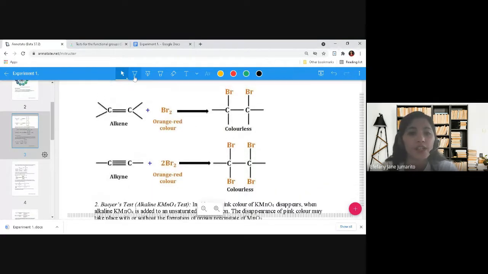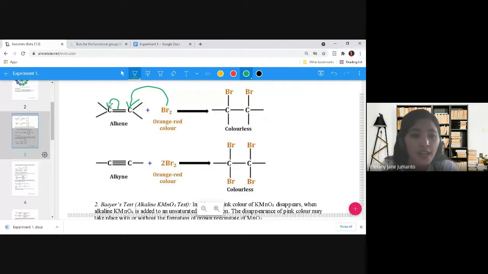Okay. So if it is an unsaturated compound, for example an alkene, we add Br2, your bromine, which is orange to red in color. Now that bromine will attack the carbon here, and the double bond will move here.